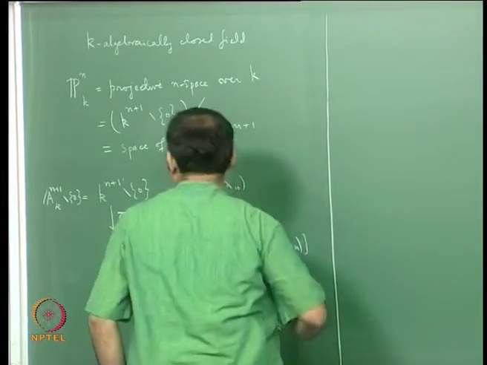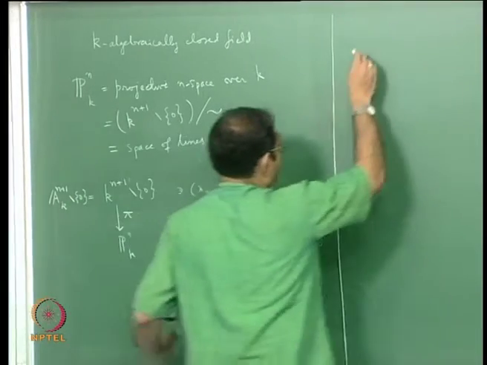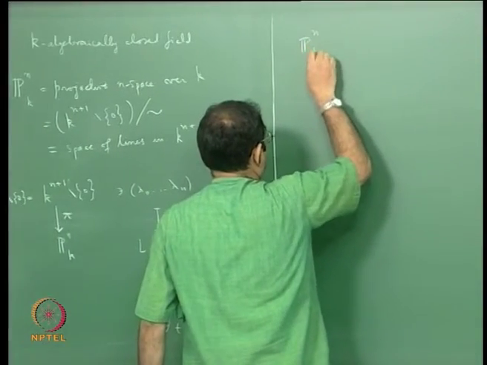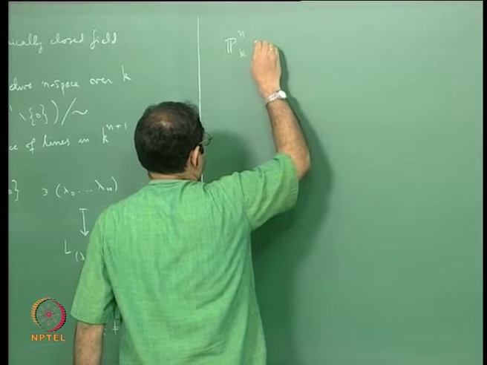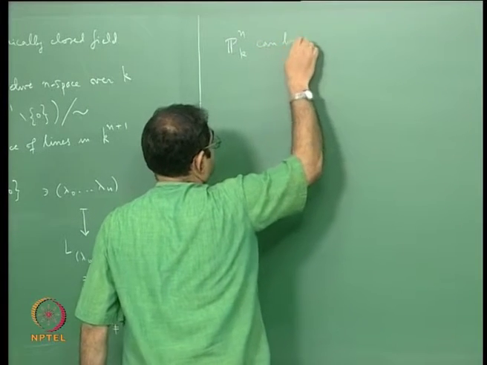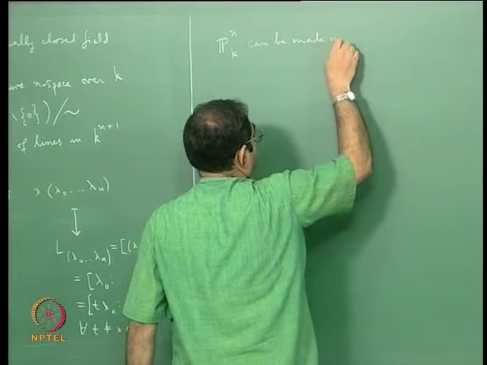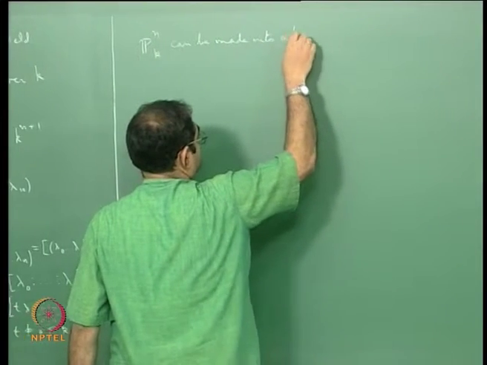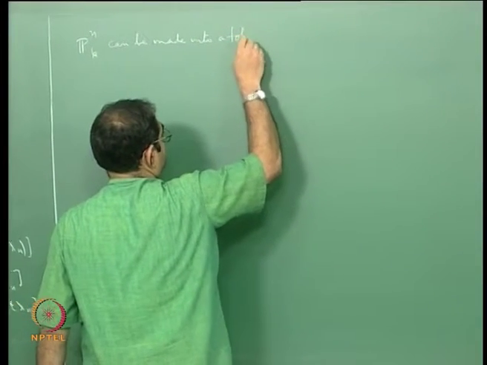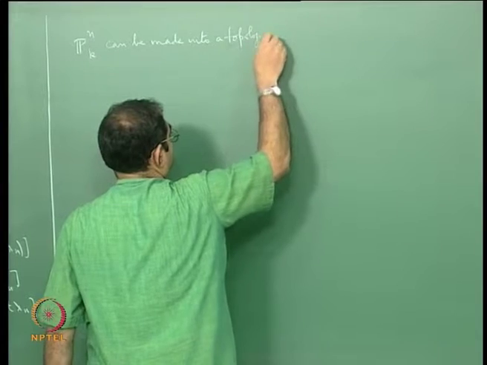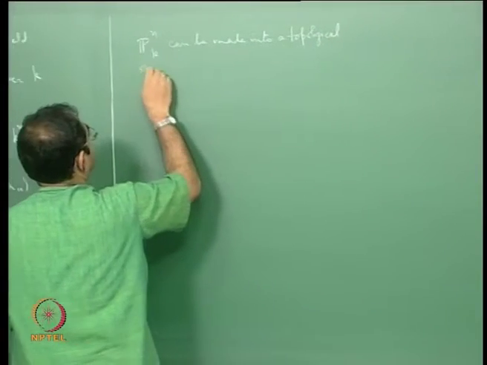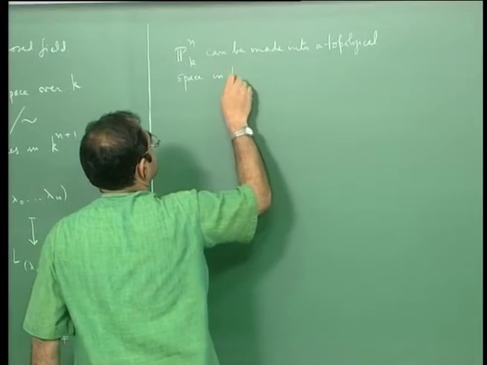So what we do is that Pn can be made into a topological space in 2 ways.